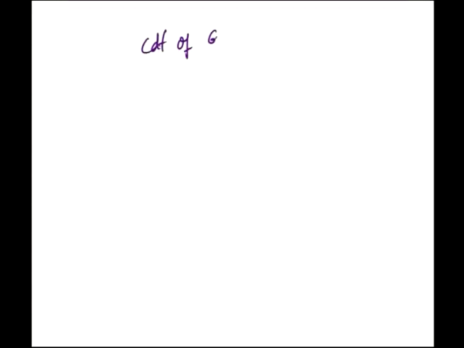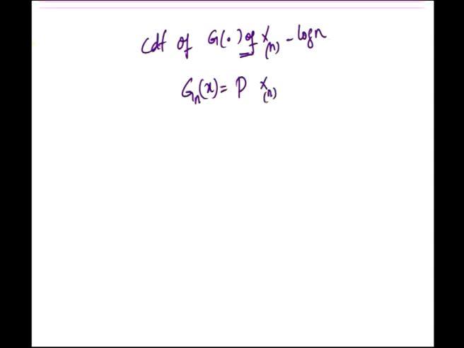Okay. Next, we have to find out the CDF of the variable Xn minus log n. Xn minus log n, which is given by Gn of x is equal to P of Xn minus log n less than or equal to x.